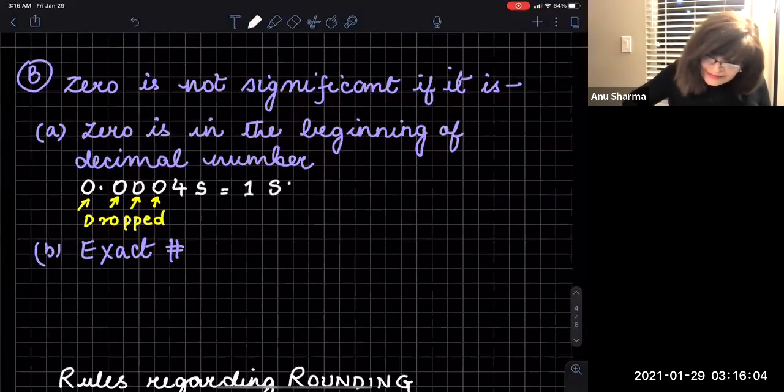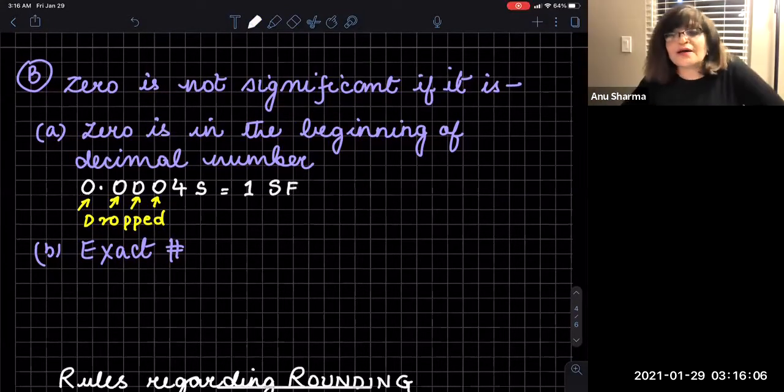So there is a little bit of ambiguity here, because the same number can be written in scientific notation, right? So in a way, those zeros are important because they help us to determine the scientific notation. However, just for the sake that those are not counted, that is just one significant figure.